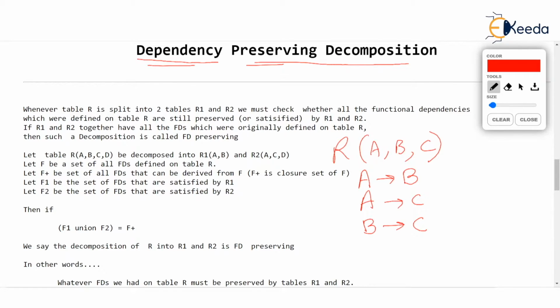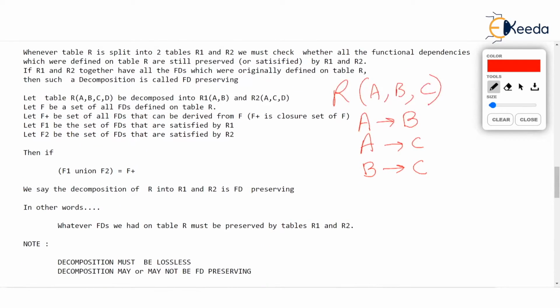Now imagine that we decide that this table R is going to be decomposed into R1, which will contain AB, and R2, which will contain B comma C. So two tables have been created from a single table.